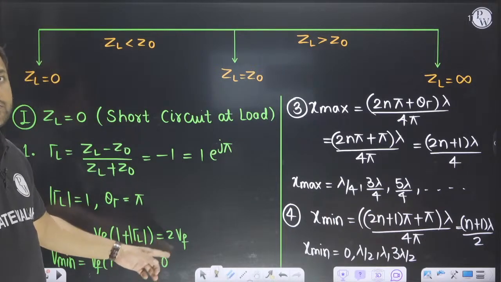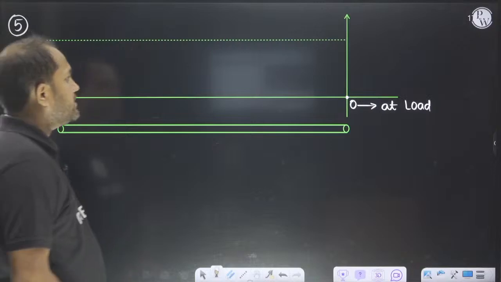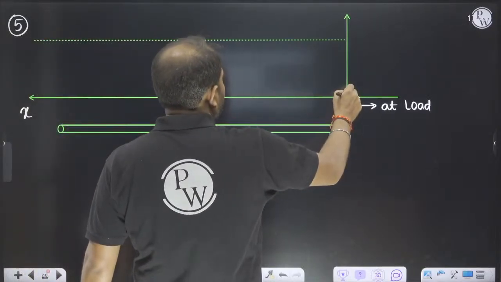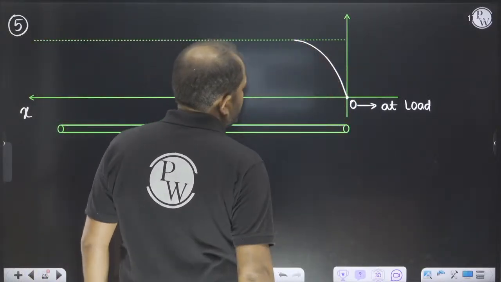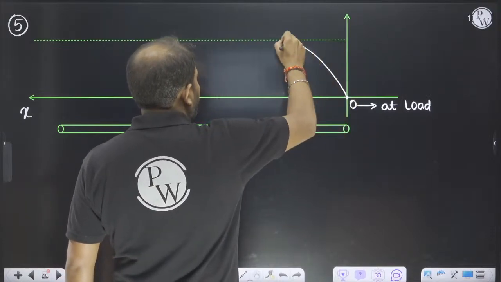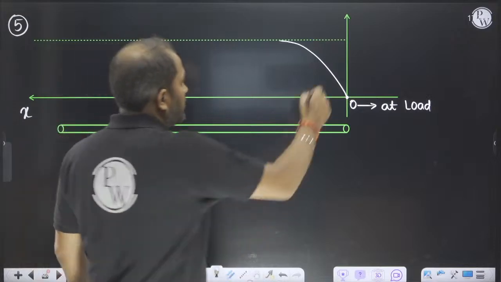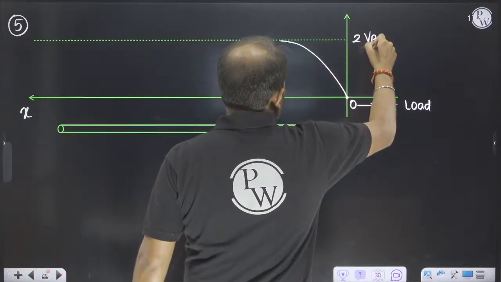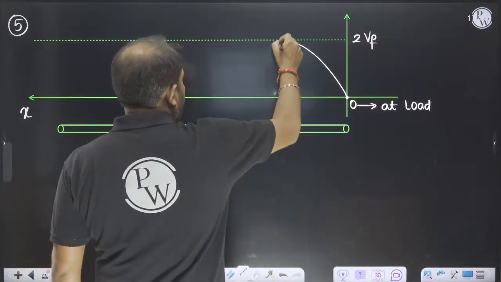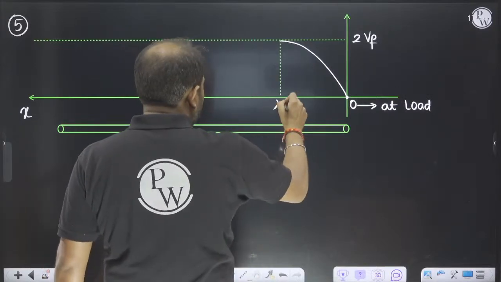Minimum is 0, maximum is 2 VF. So we can say that from 0 to 2 VF there is the value. This is our 0, this is our 2 VF, and 2 VF will be at lambda by 4.